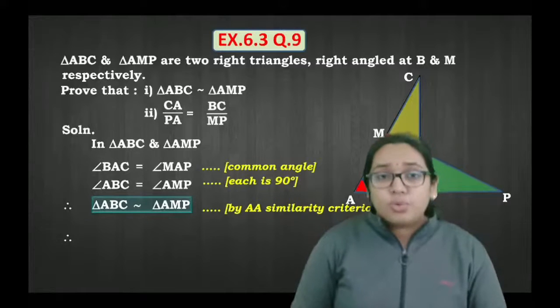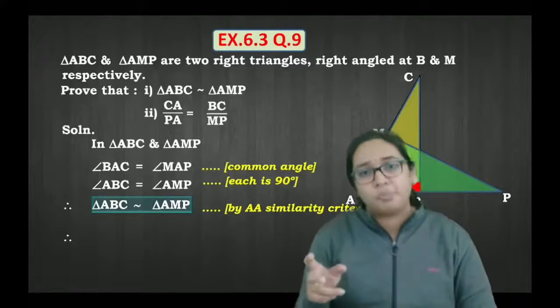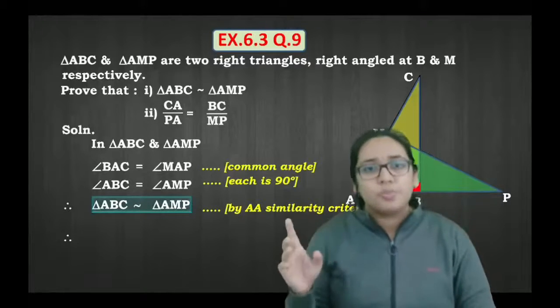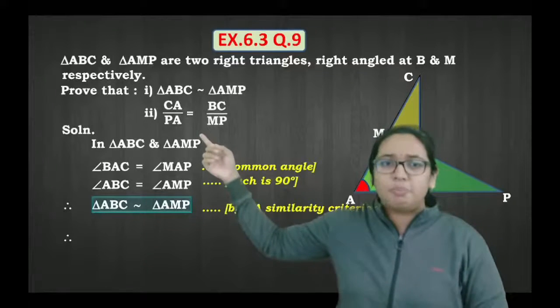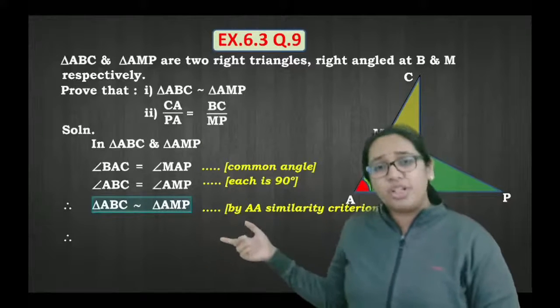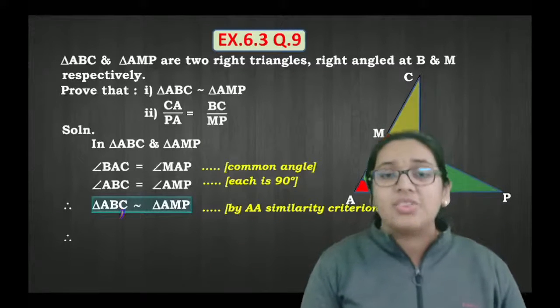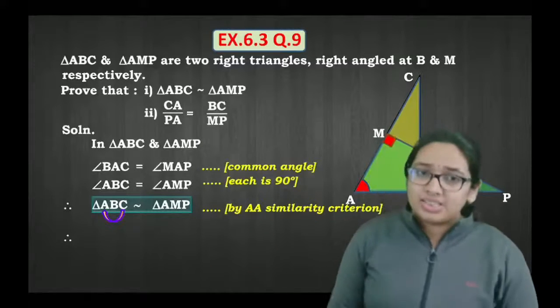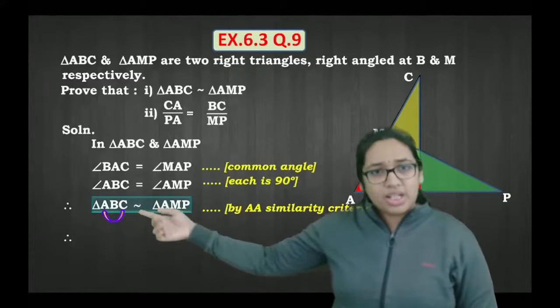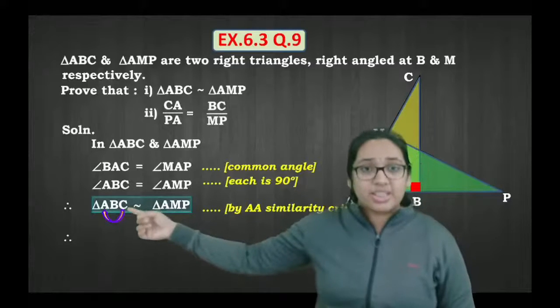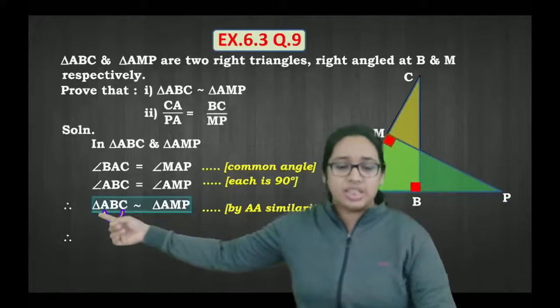Now what we have to do is show that CA upon PA is equal to BC upon MP. What can we use here? This is nothing but corresponding sides. So if we have a similar triangle, we can say that CA... क्या किया, देखो, फर्स्ट वाला जो भी कुछ आपका ट्रायंगल था, उस केस में आप third to first consider करें.